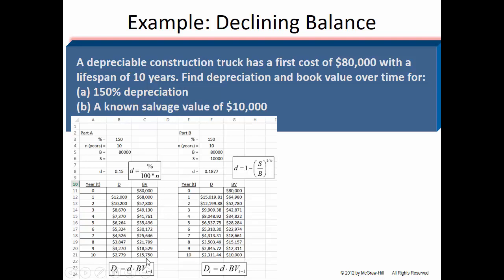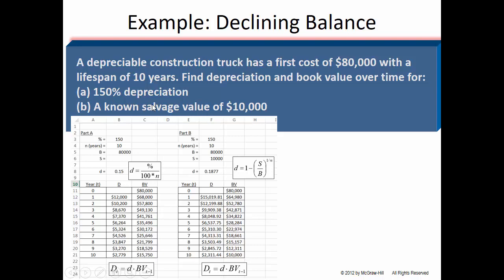What you'll notice is that this is never going to get to a certain salvage value. It's going to end at an odd number. In declining balance, the depreciation keeps getting smaller every year, but since dollars closer to the present are more valuable, that's what a business prefers.